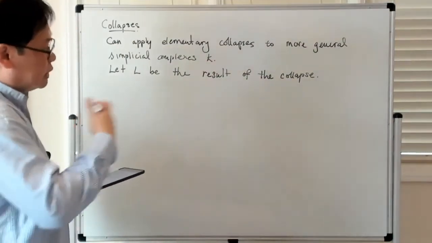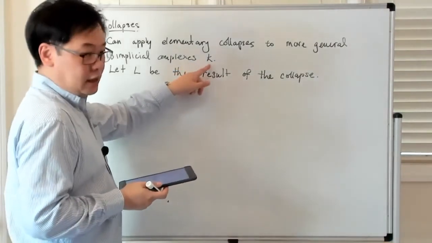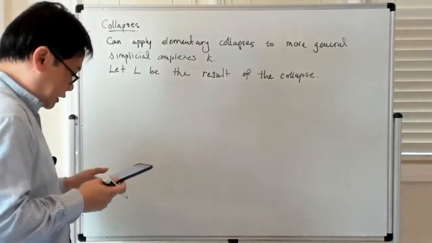So basically, this gives you a sequence of deformation retractions, which retracts the underlying space of K to the underlying space of L.